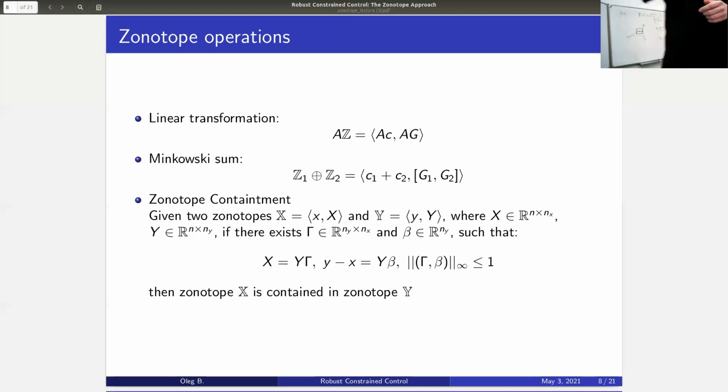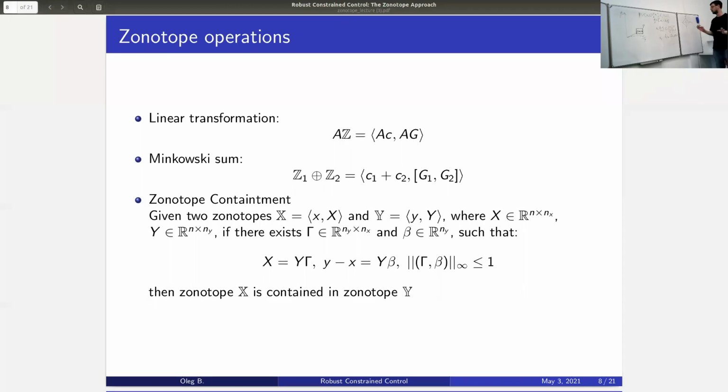The next property is the Minkowski sum. Minkowski sum is the operation of summation of Zonotopes. For example, go to this example. Your state for your mass spring network is here, and at each step you have some disturbance.